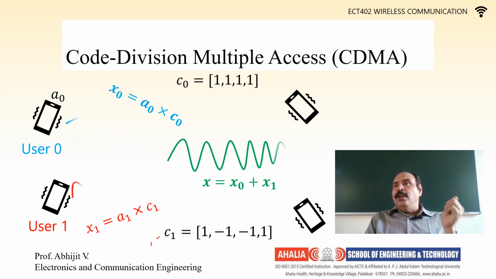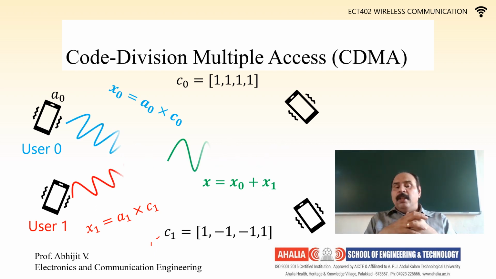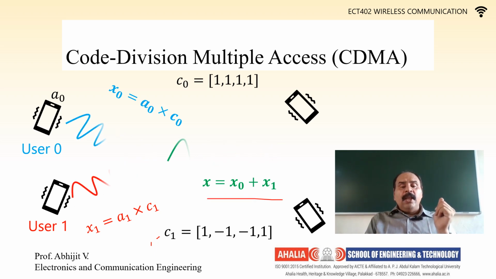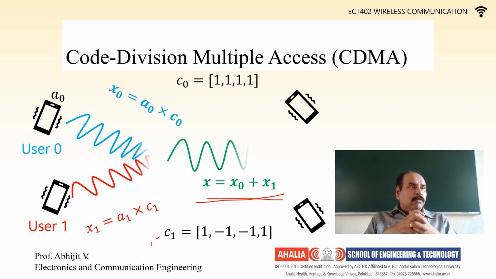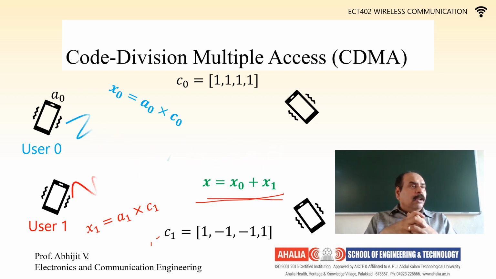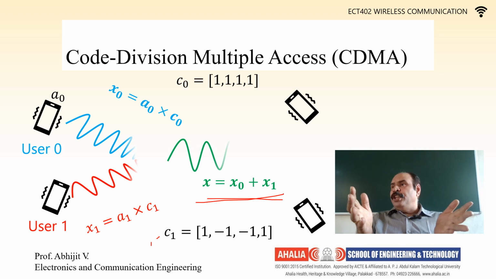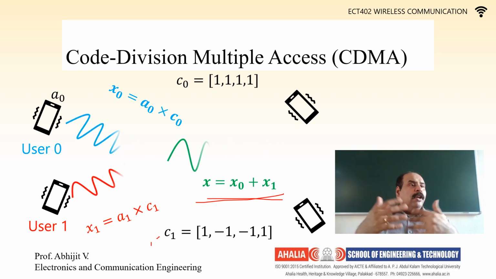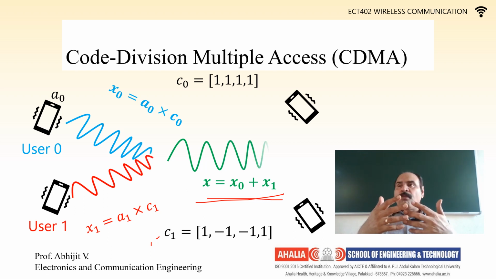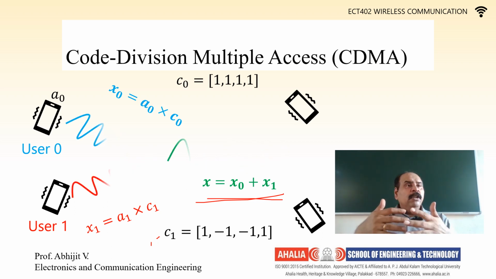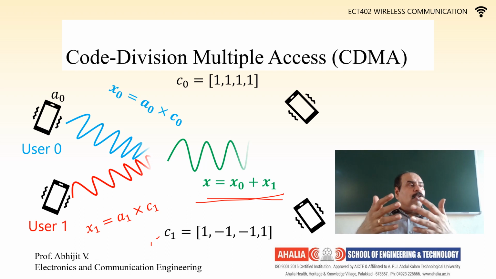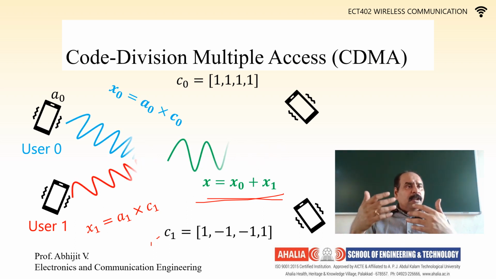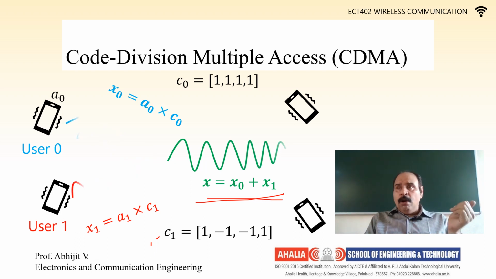I am generating a new signal x, the value of which is x naught plus x1. What is x naught? A naught into C naught. What is x1? A1 into C1. You have generated two codes, C naught and C1. C naught is a matrix of ones. C1 has 1, minus 1, minus 1, and 1.